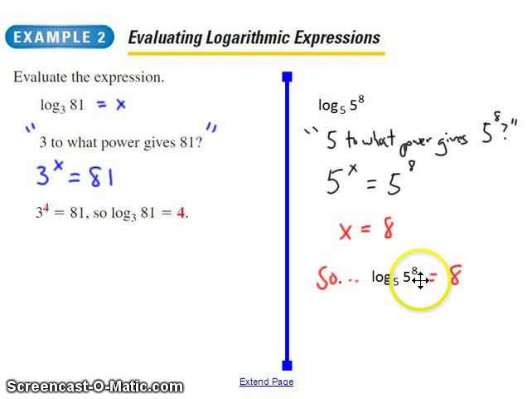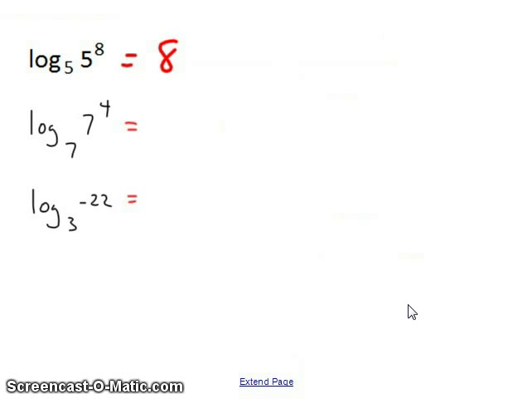But notice what happened here. This exponent ended up matching the result. That will always be true when the base and the base of the exponent you're taking the log of, these two things here, are matching. So let's look at some examples here. I just did this one. Well, similarly, log base 7 of 7 to the 4th power is going to be 4. And log base 3 of 3 to the negative 22, well, I'll give you a second and then I'll show you.